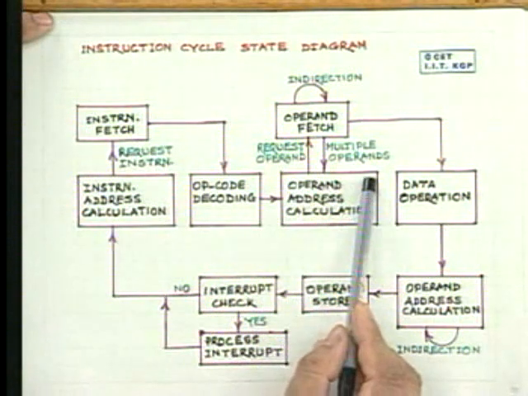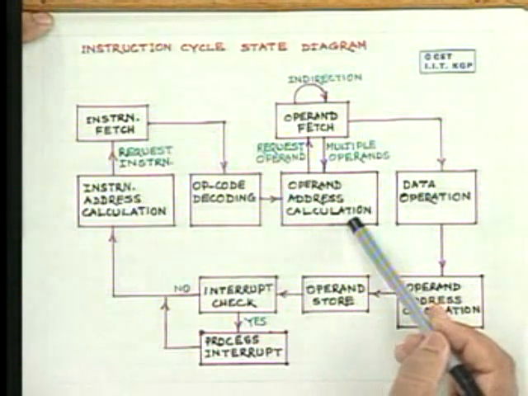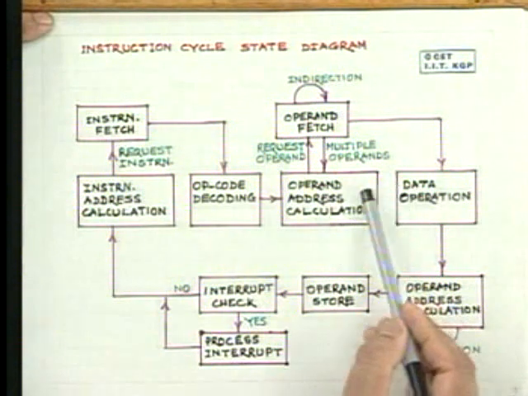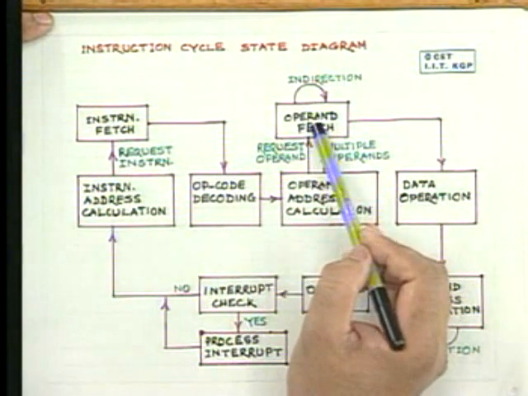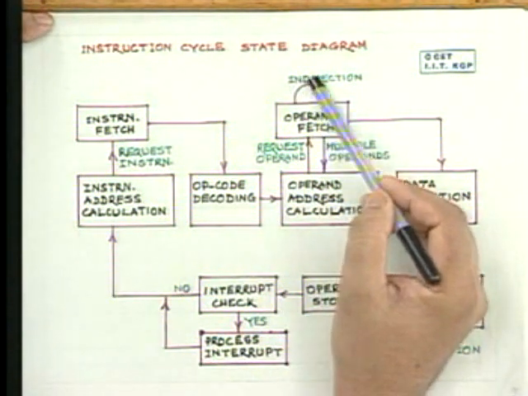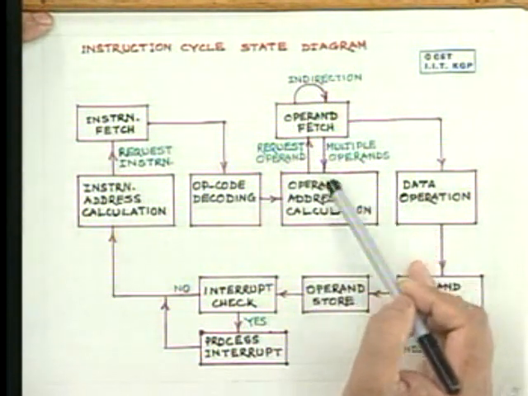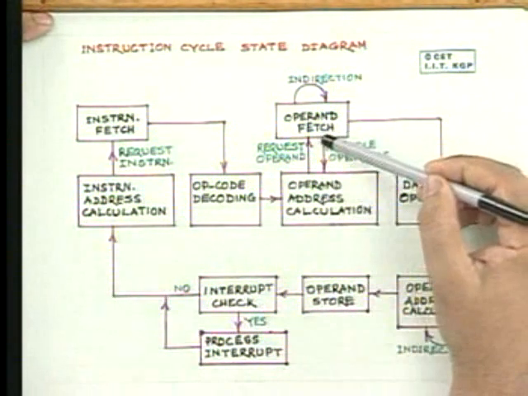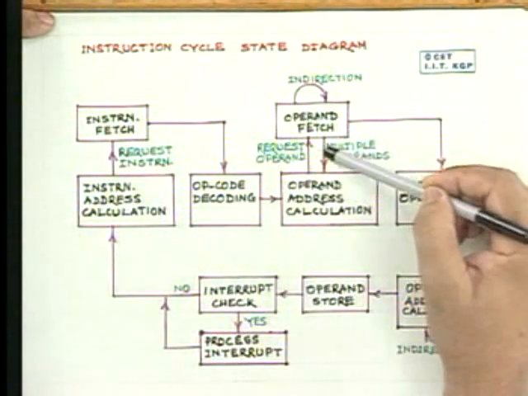Then here is an operand address calculation, depending upon the addressing modes that you use. The operand address calculation is done. Then the operand is fetched. This indirection means also the way that we can specify a particular operand. Therefore, this specifies how the operand is fetched. Operand address is calculated and then operand is fetched. And if it is a 2-address machine and 2 operands are needed, then it will be executed twice.